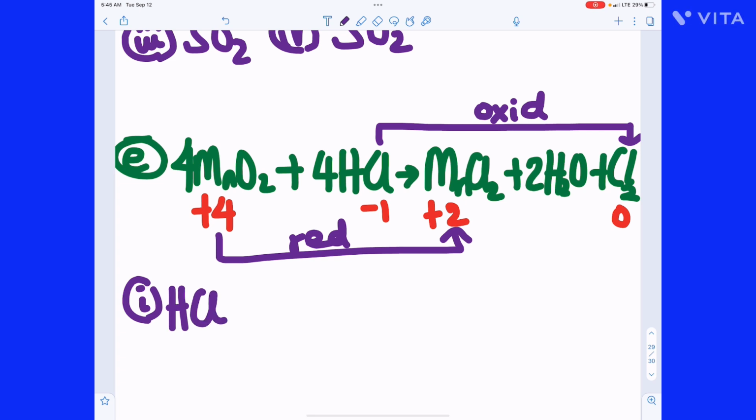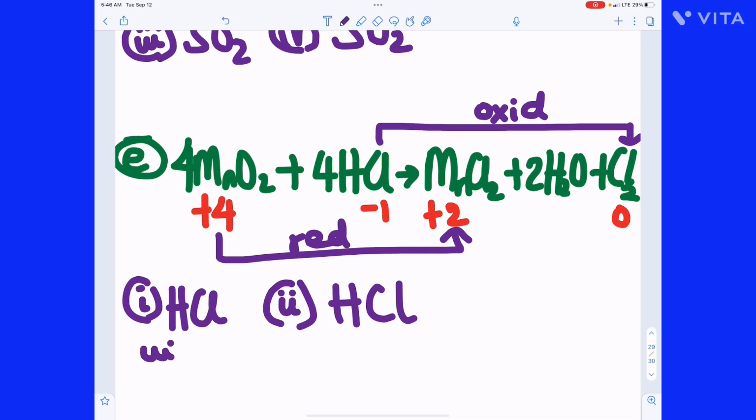HCl is oxidized because it is in HCl that the oxidation number of chlorine changed from -1 to 0. So the substance that goes through oxidation in this reaction is HCl. Now, what is the reducing agent? HCl. You understand? The reducing agent gets oxidized. So the substance that got oxidized in this reaction is also HCl.